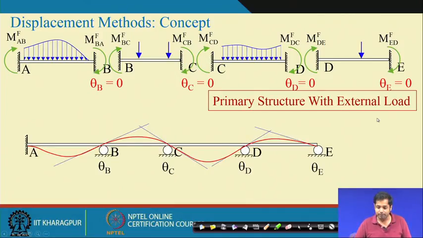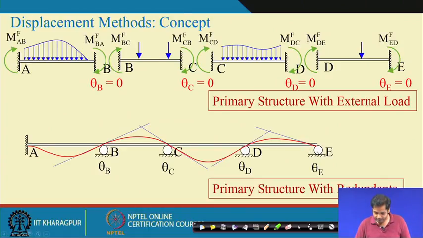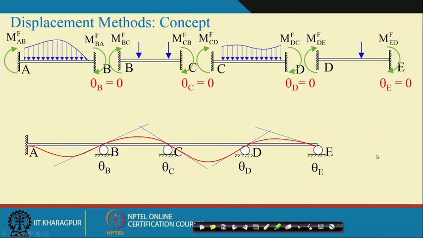Next is the primary structure subjected to the redundant forces in the case of the force method. In the displacement method, it is the primary structure subjected to redundant displacements. Now, redundant displacements are these. These displacements can occur only if we apply some forces on the structure.